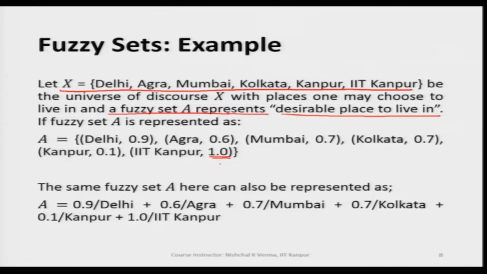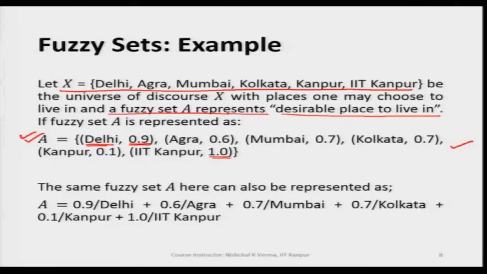So, as I mentioned, when we write a fuzzy set, so fuzzy set will have the pair of the elements and the corresponding membership value. So, if you see here this fuzzy set includes the city and then corresponding membership value. So, this way this can be called as a fuzzy set.